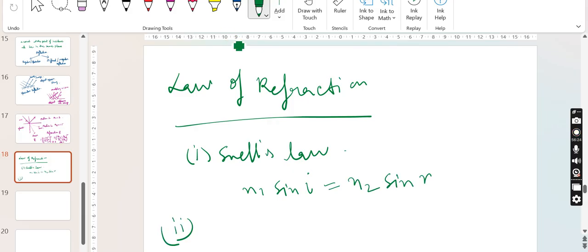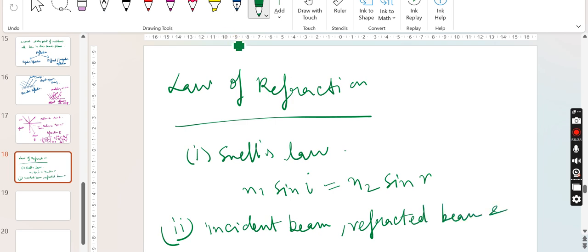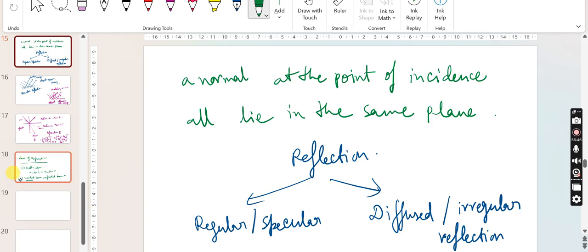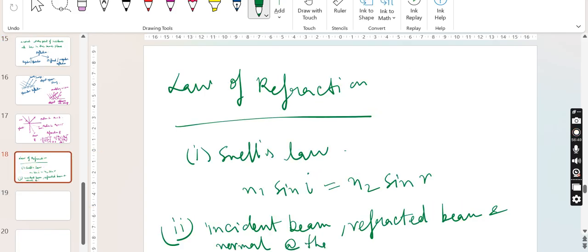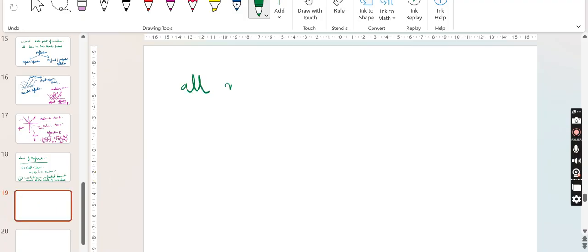And the second law is that the incident beam, the refracted beam, and the normal at the point of incidence all need to be in the same plane.